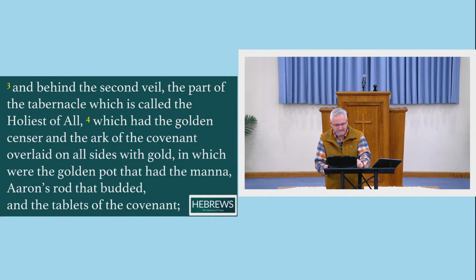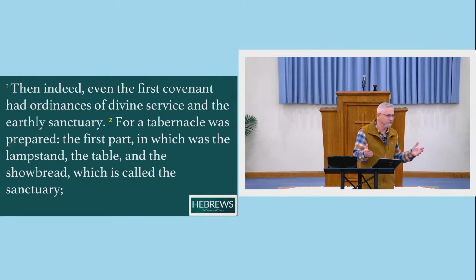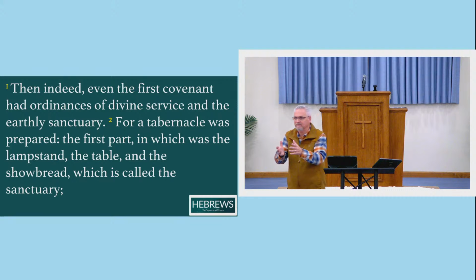Within the most holy place, let me back up. The furniture that is therein, I want to make mention of some of that. According to verse 1, what type of furniture is there? Let's go through each one of these, because they represent something for the church in that sanctuary part.